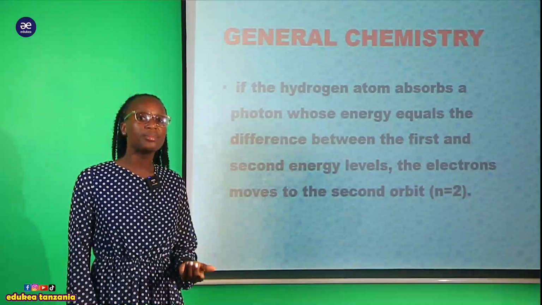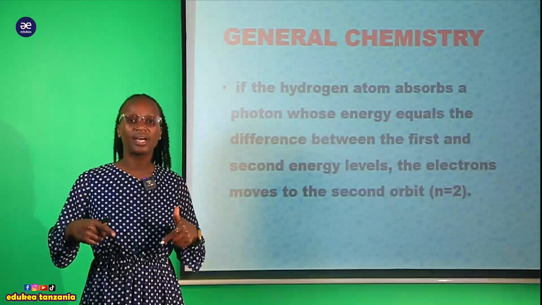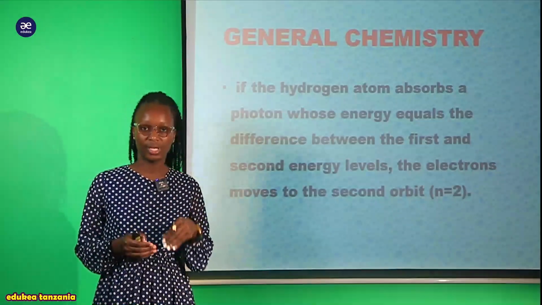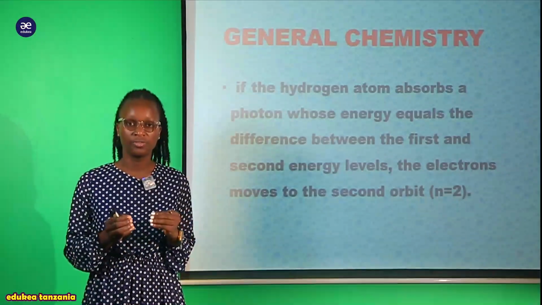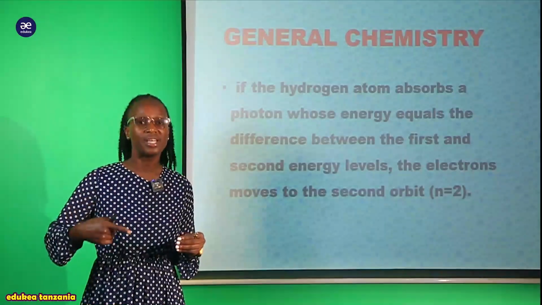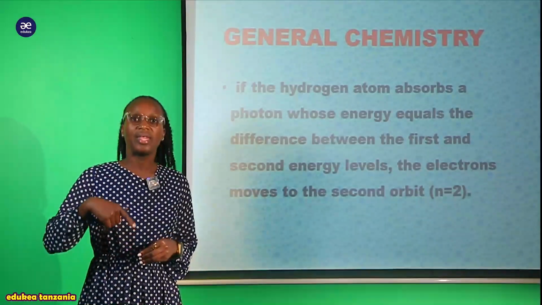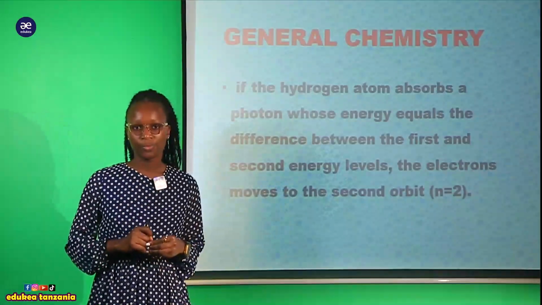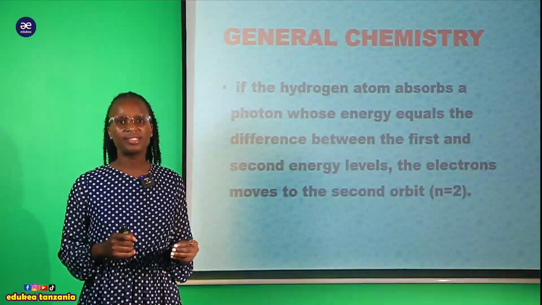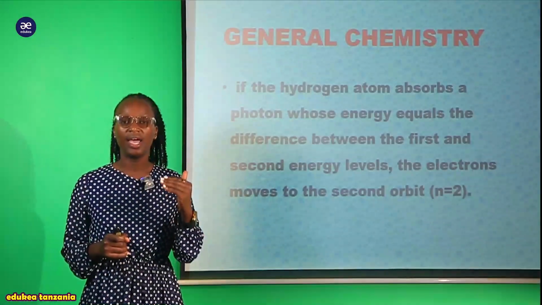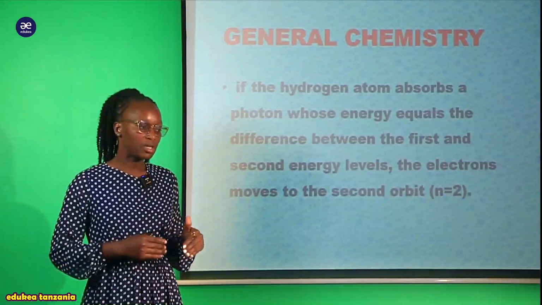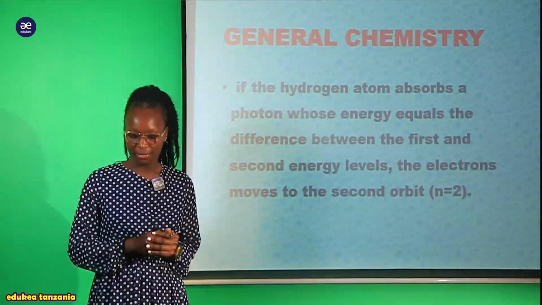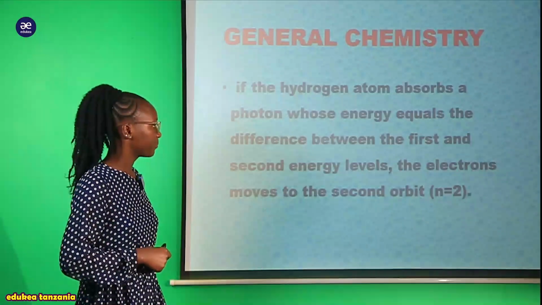Sasa kama imeabsorb energy, maana yake kwamba lazima itawajibika kumove, kwa sababu kwenye ile sehemu ambayo ipo kwenye ground haitaweza kustay pale kwa sababu imefanya absorption of the energy, therefore itakuwa vibrated, then ita move kwenda kwenye next orbit, ambapo sasa maana kwamba itakuwa ni orbit 2. Sasa kama itakuwa ni orbit 2, ina maana itakuwa ni the higher level of the energy. Maana kwamba itakuwa imemove kutoka kwenye low level kwenda kwenye higher level.